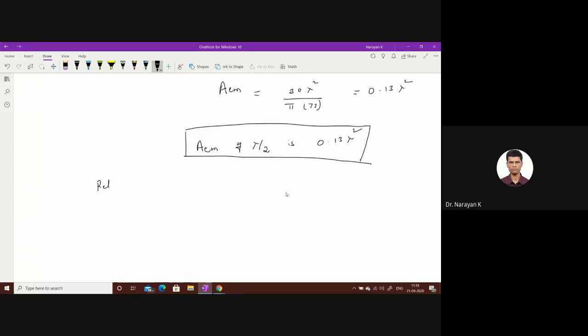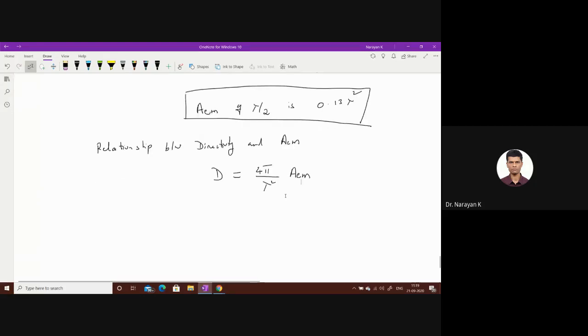Now please write down the relationship between directivity and maximum effective aperture of an antenna. Straight away write the formula; this derivation is normally not asked. Directivity is 4 pi by lambda square into the maximum effective aperture of the antenna.